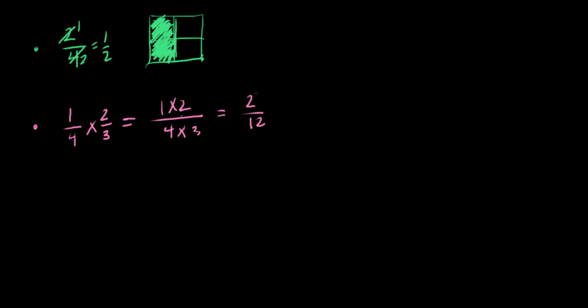But then we can reduce this 2/12 because we know that 2 goes into 2 and 2 also goes into 12. And by the way, always check when you get some answer. You need to always check, is this thing able to be reduced? If it is, reduce it, because that's the proper answer. We want things in their simplest form possible.